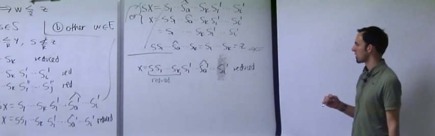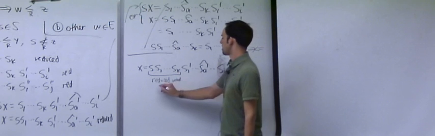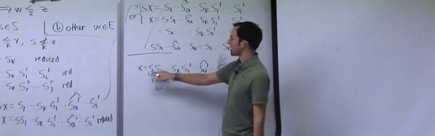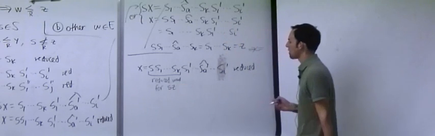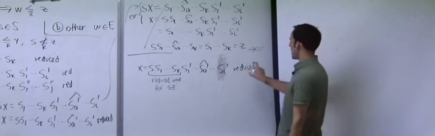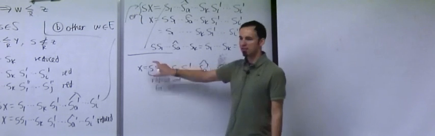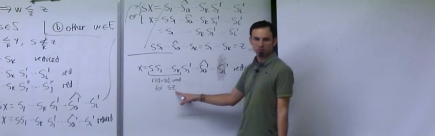Okay. Now, this is reduced, and it's an expression for what? Reduced word for, well, this is s times z. Okay. And so what did I just do? I took a reduced word for x and found sz as a prefix of it.